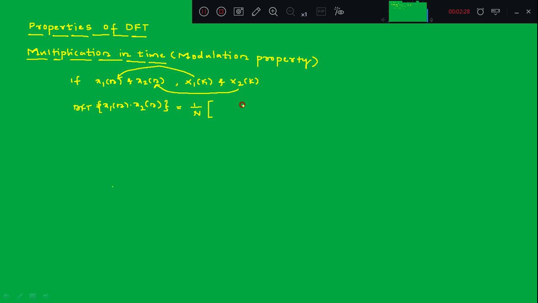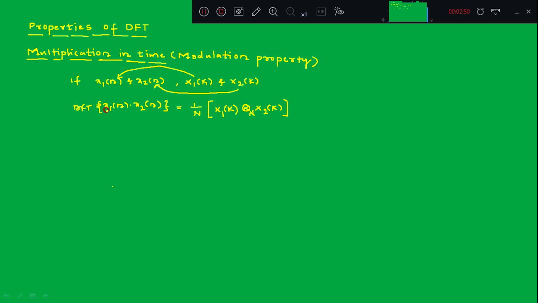So what is the circular convolution representation? It is an N point circular convolution between the DFTs of x1 of n and x2 of n. The DFT of x1 of n is X1 of k, and the DFT of x2 of n is X2 of k, right?